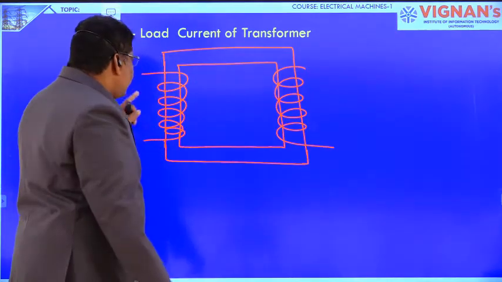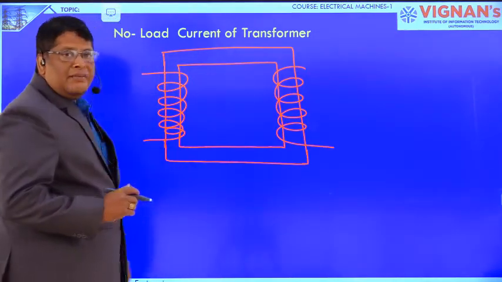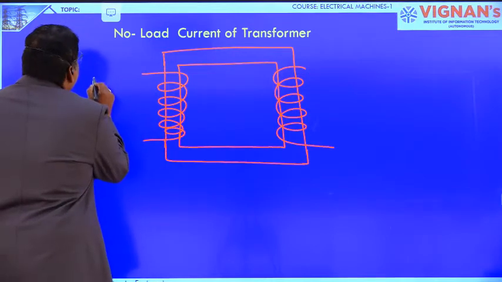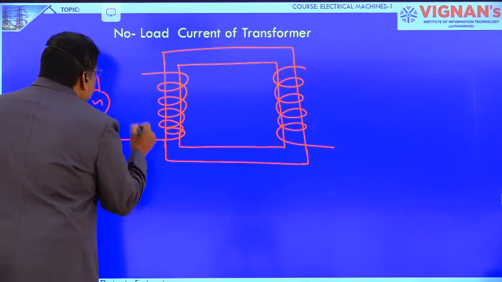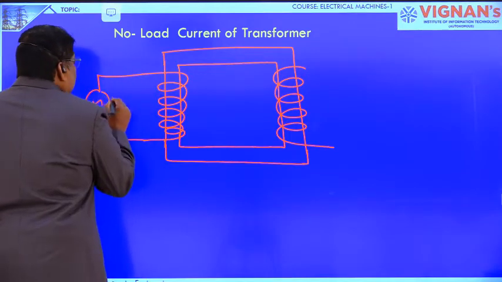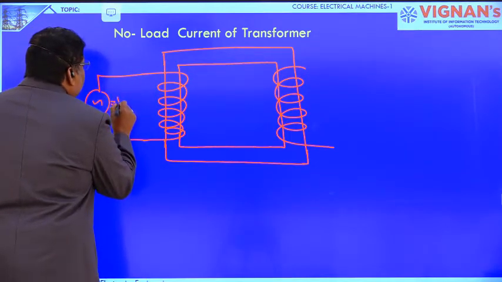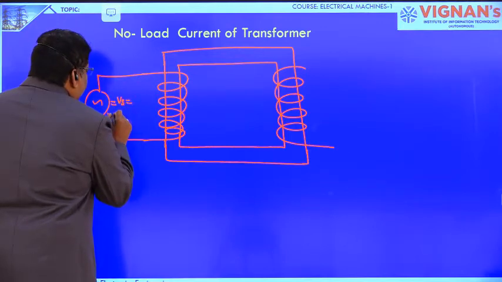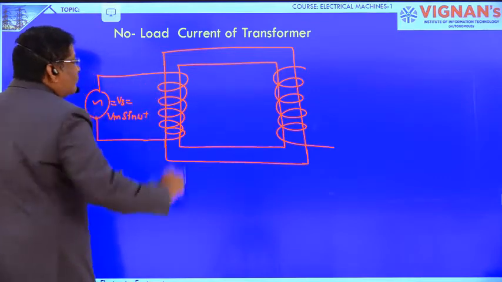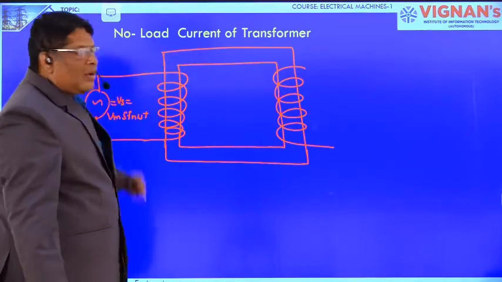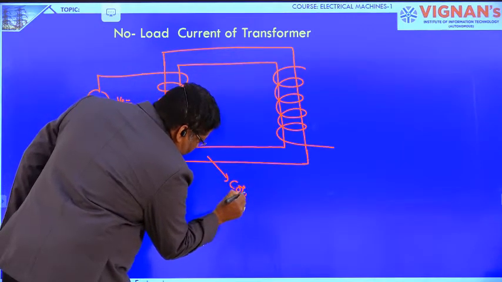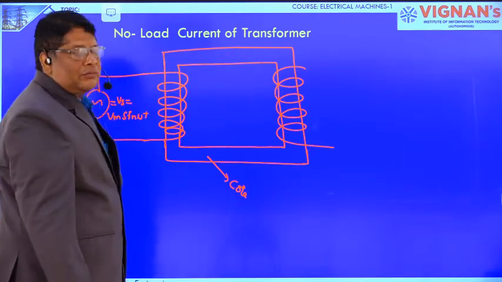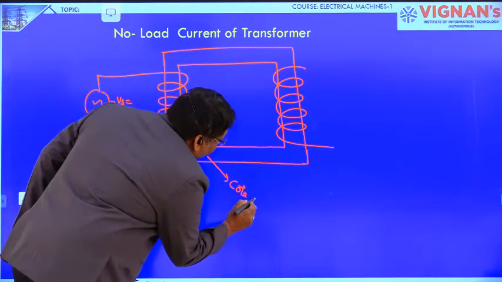The winding where we are giving electrical energy is the primary winding. Here we are connecting a sinusoidal voltage source, which we write as Vs equal to Vm sin omega t. This is the core or magnetic circuit of a transformer.